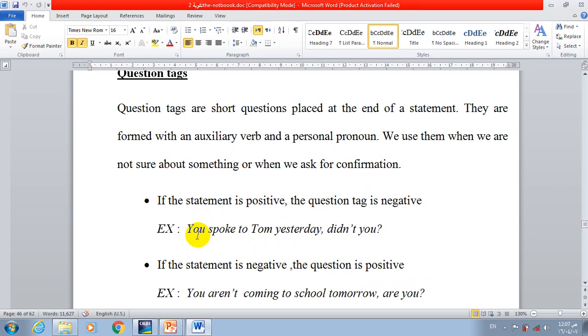And if the subject is a noun, we must use the pronoun that relates to this noun. Okay.